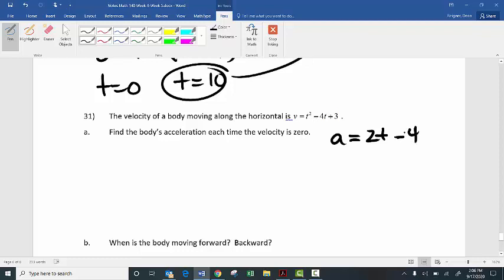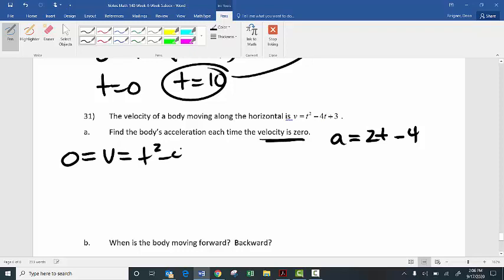With these types of problems, it's asking you to find the body's acceleration at each time when the velocity is 0. So first we want to find when the velocity is 0. You set the velocity function equal to 0.